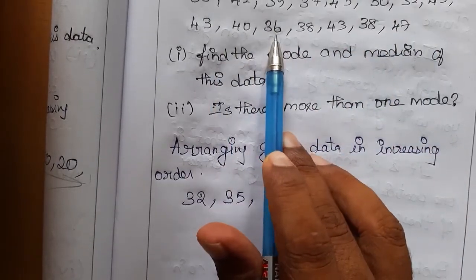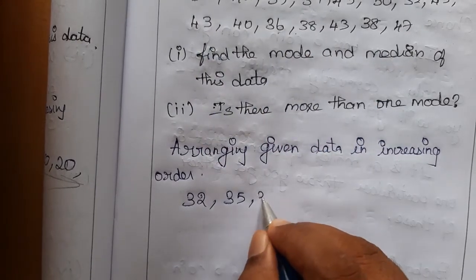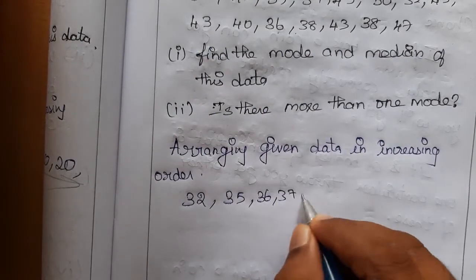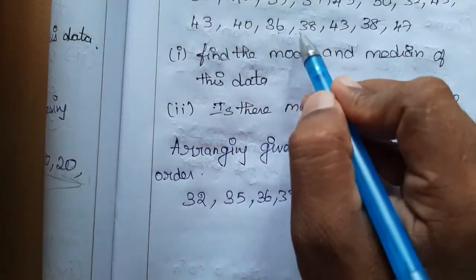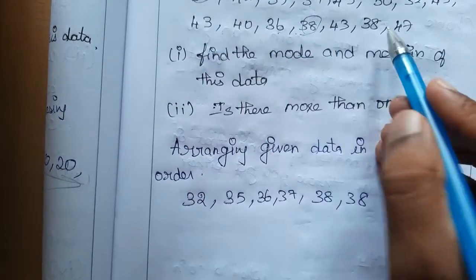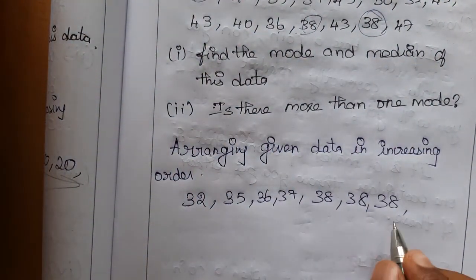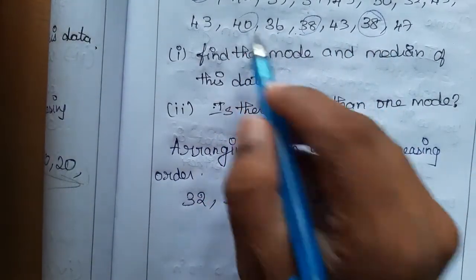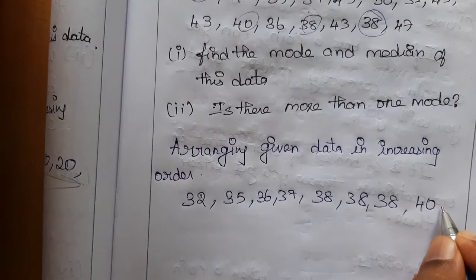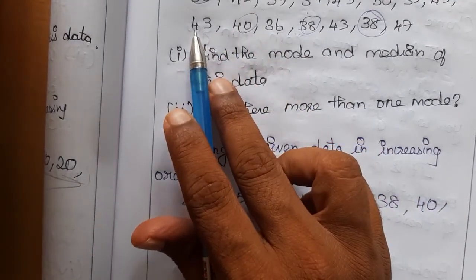36 is there, then 37, 38. Make sure there are only two 38s. 1, 2 and 3, three 38s are there, right? Then 40 is there. Next 42, 43.